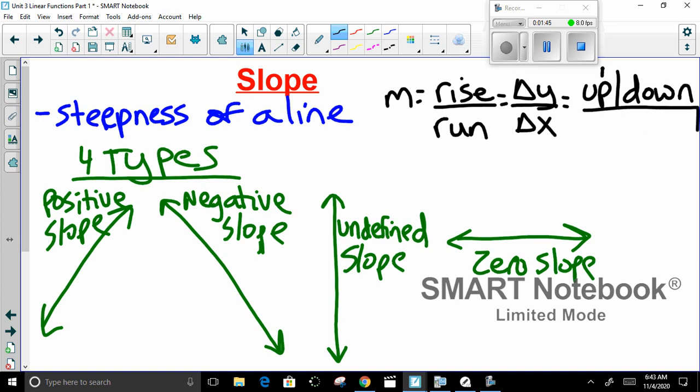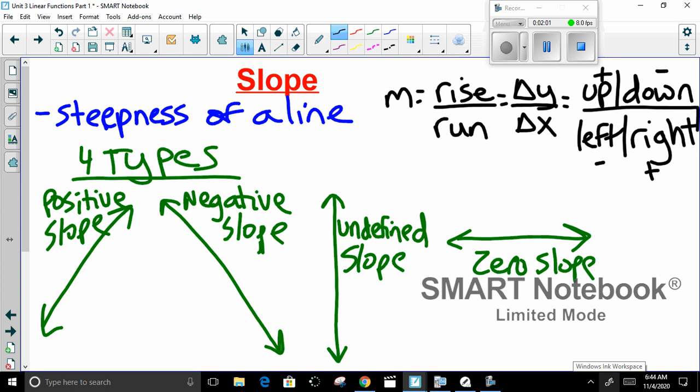If you go up, it's positive. If you go down, it's negative. Your run, or your change in X, goes left to right. Remember, if you go left on the x-axis, it's negative. If you go right on the x-axis, it's positive.